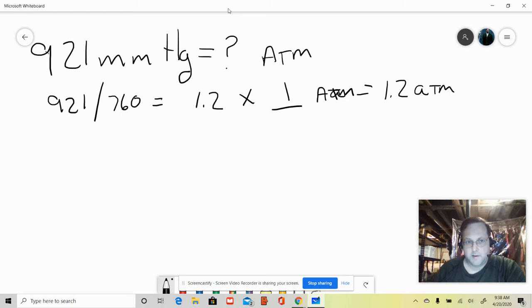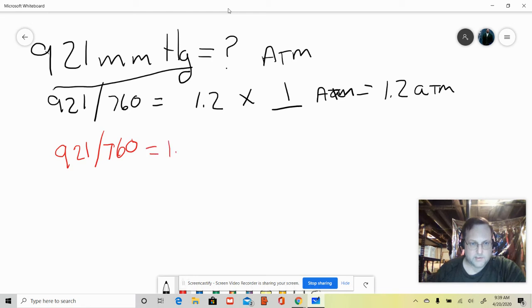But let's say I had 921 millimeters of mercury, and I wanted to know how many kilopascals that was. So once again, I would start off with 921 divided by 760, and I would equal 1.2.